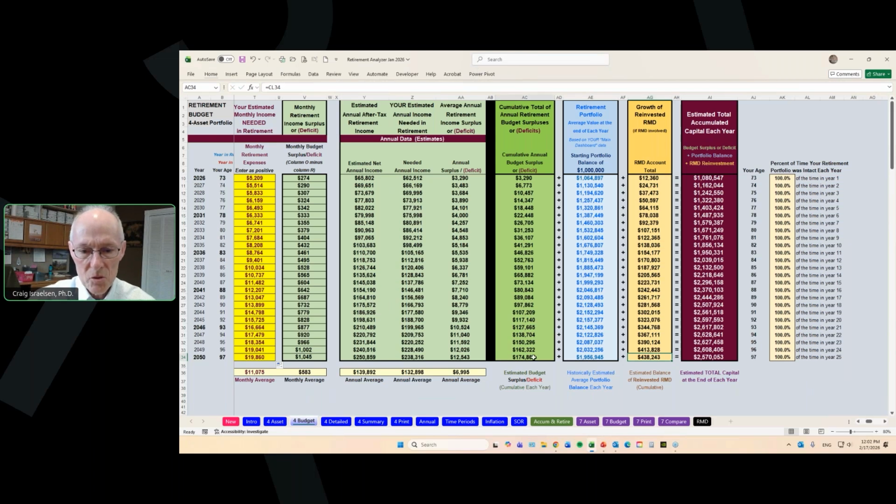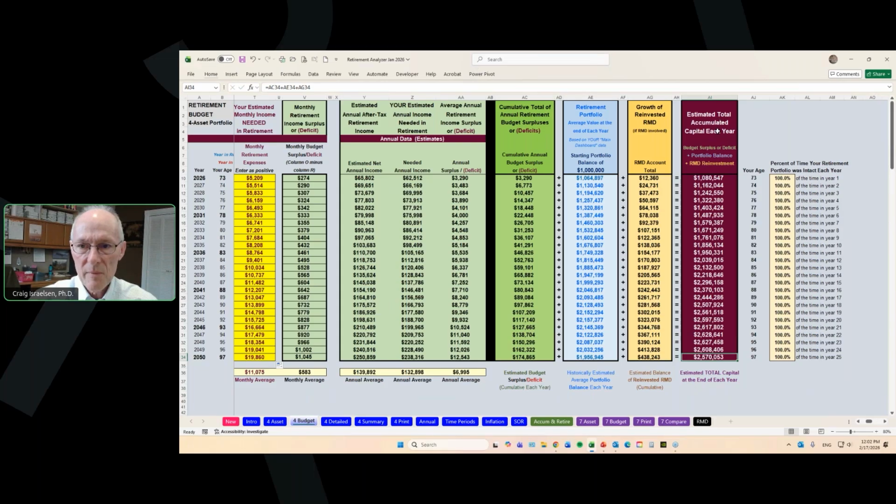So between the surplus of our annual budget, our spending and income, plus the estimated balance of our portfolio in year 25, plus the estimated balance of the RMD, is this number right here.